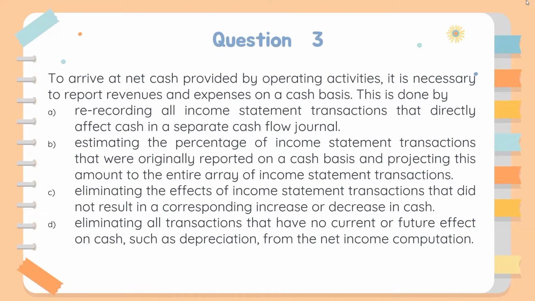B, estimating the percentage of income statement transactions that were originally reported on a cash basis and projecting this amount to the entire array of income statement transactions. C, eliminating the effects of income statement transaction that did not result in a corresponding increase or decrease in cash. Or letter D, eliminating all transactions that have no current or future effect on cash, as depreciation from the net income computation.